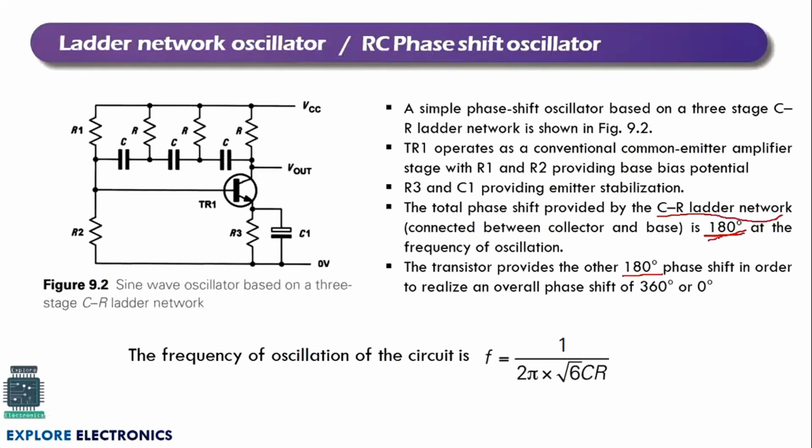After connecting a positive feedback, that positive feedback is generating 180 degree phase shift and the amplifier is producing 180 degree phase shift. That's why the condition is satisfied: the overall phase shift will be 360 degree. And the frequency of oscillation from this circuit is f = 1 / (2π√6 CR). This is the expression for the frequency of the signal we are going to get.